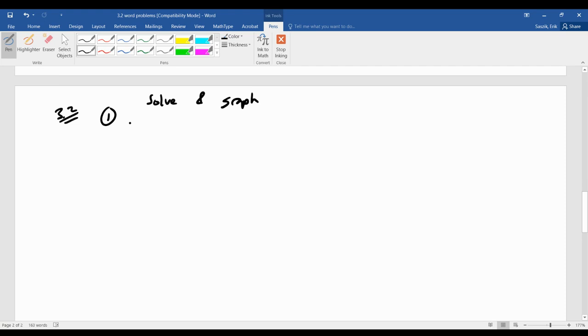Okay, so let's go ahead and do something like this. 3 minus 2 times x plus 1 is less than or equal to, let's just go with 18, and then we'll have plus 4x.